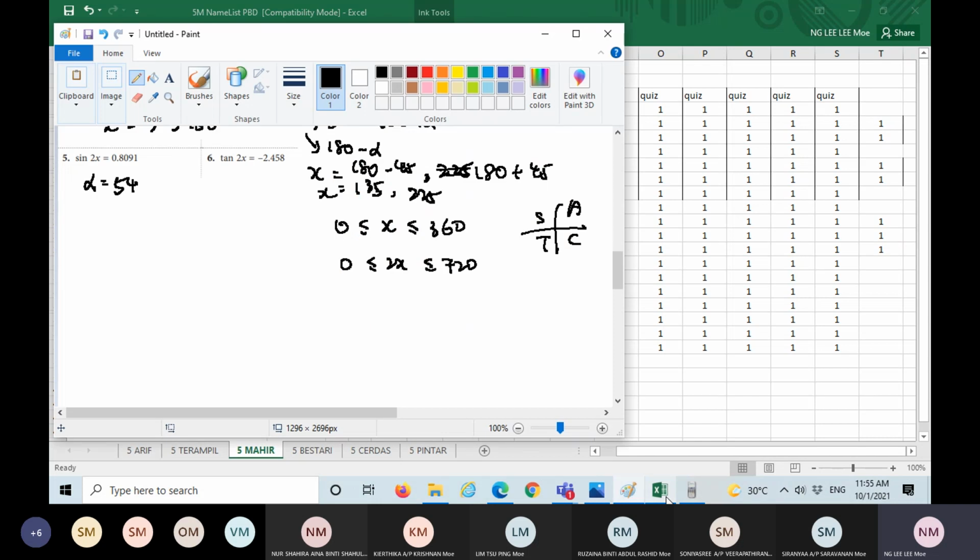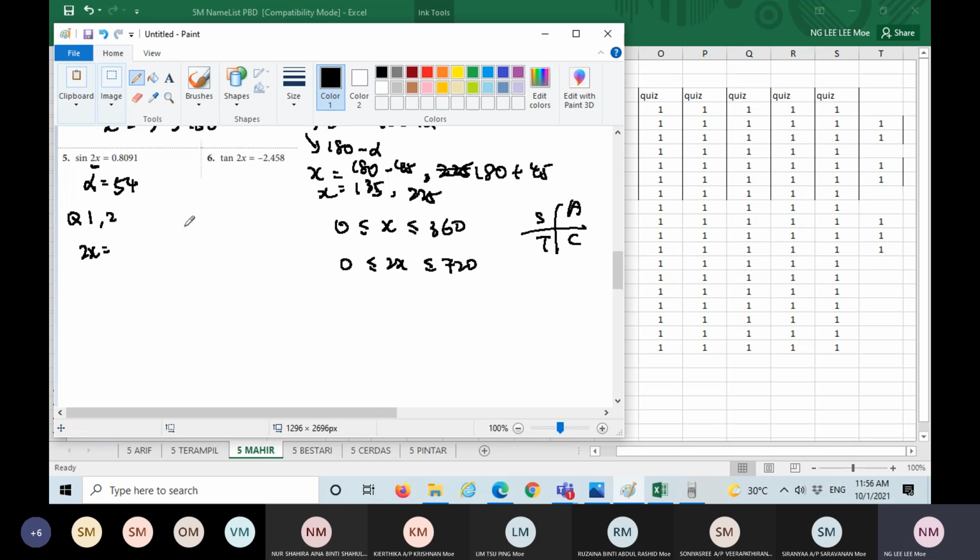Siranya. Okay, sign positive, which quadrant? 1 and 2. Now I want to write out my 2x, not x, because here is 2x, so here you have to write back as 2x.